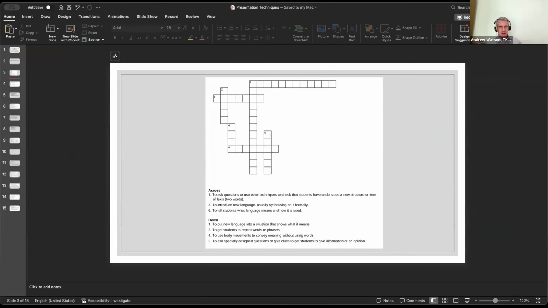This kind of game would be, begins with W. A warmer? A warmer, yes. Yeah, it's a word puzzle, a warmer, an introductory activity.